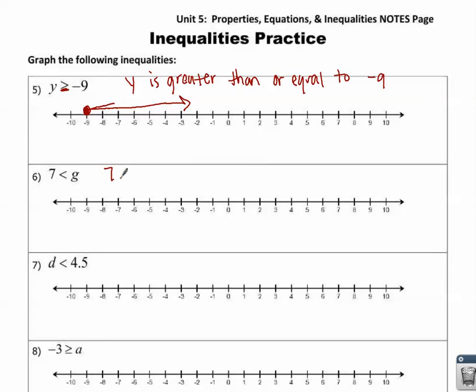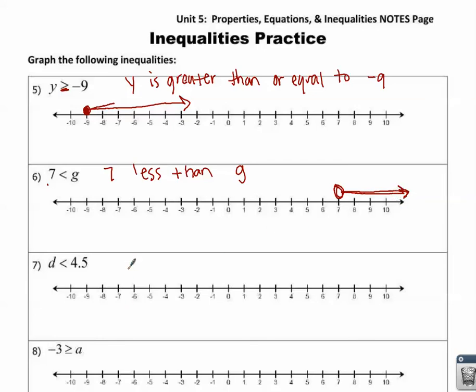Number 6, 7 is less than G. So my dot is going to go on 7, and it's going to be an open dot since it is just less than. 7 is less than G, so 7 is less than your shaded region. So my shaded region needs to go to the right.